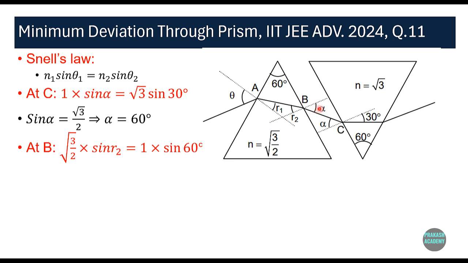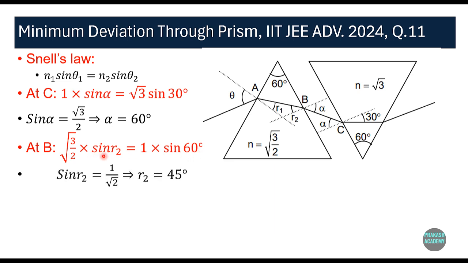So if I know this angle, I can calculate this angle. How? By using Snell's law at this point. So let us apply Snell's law at point B. I can write the refractive index of this prism times sin R2, that is this, and this equals 1 times sin alpha, but alpha equals 60 degrees.